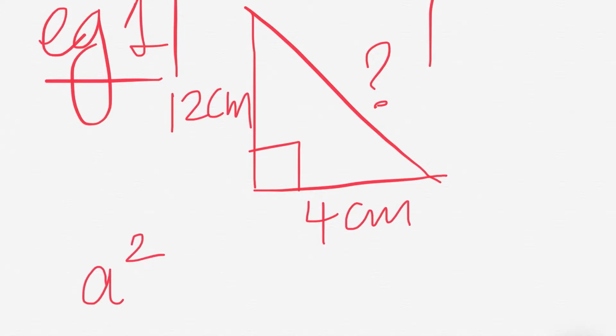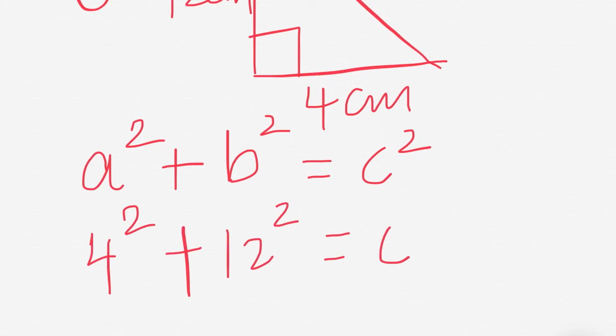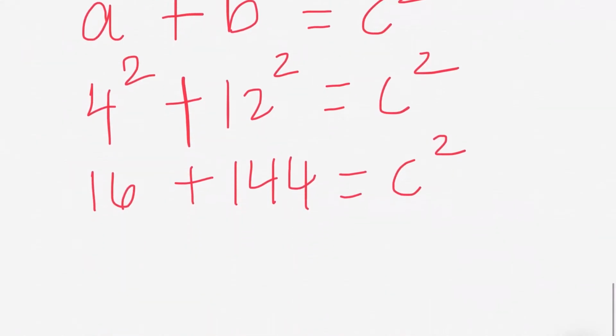A square plus b square is equal to c square, where we take the sum of the squares of the base and the height. So this is 16, this is 144, it is equal to c square. This gives us 160, which is equal to c square.